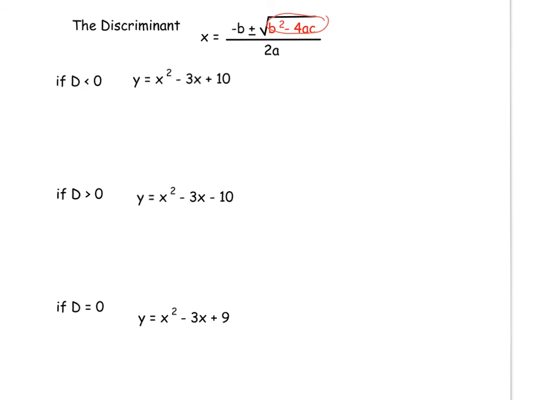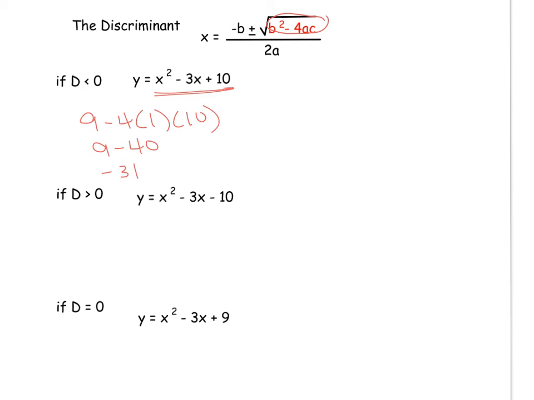Is there no x-intercepts? So when my discriminant is less than 0, so it's a negative number. Now again, I'm not doing the whole quadratic formula, just that red part. So b squared minus 4ac. So 9 minus 40 is negative 31.